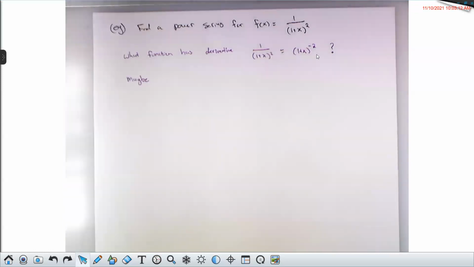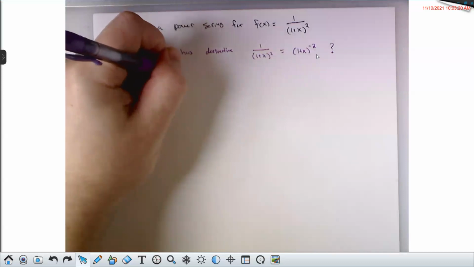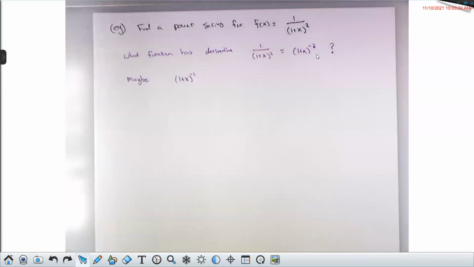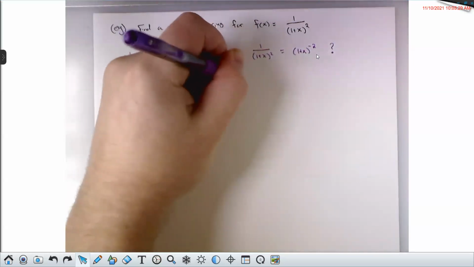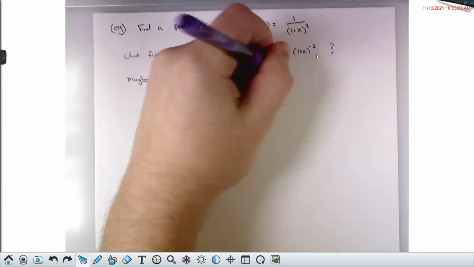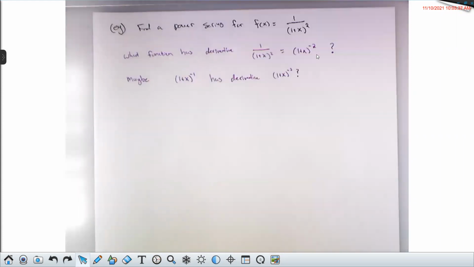Well, the derivative of x to the negative 1 is negative 1 x to the negative 2. So we think maybe 1 plus x to the negative 1 has that derivative. The answer is going to be not quite, but very, very close.